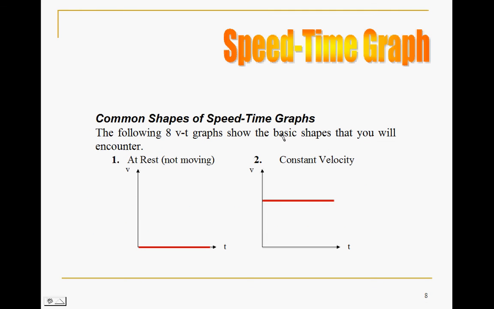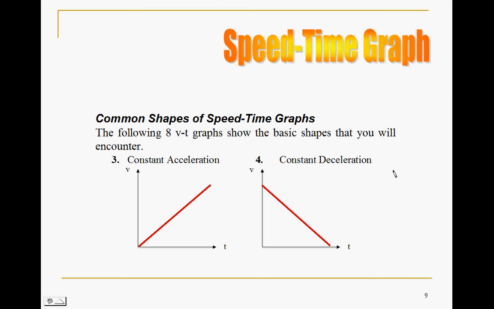Take a look at some of the common speed time graphs we have. In the first and the second, the gradient is 0. What does a gradient of 0 mean? It means there is no acceleration. This is regardless of whether the object is at rest or already in motion. As long as the gradient is 0, the acceleration is 0.